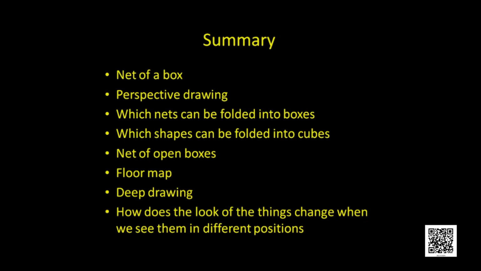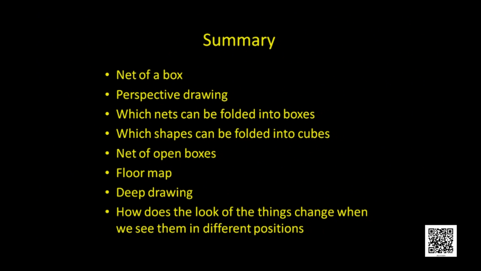Now, we will summarize the things that we learned today. First, we learned the net of a box. What is the net of a box? Then perspective drawing. Then which nets can be folded into boxes? We took examples of different nets. Then we tested whether they fold into boxes or not.